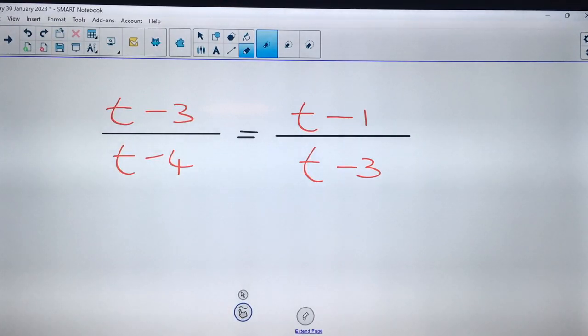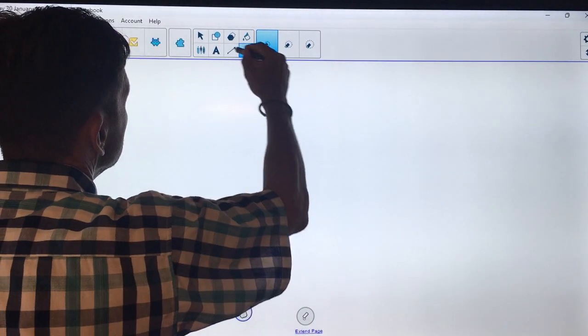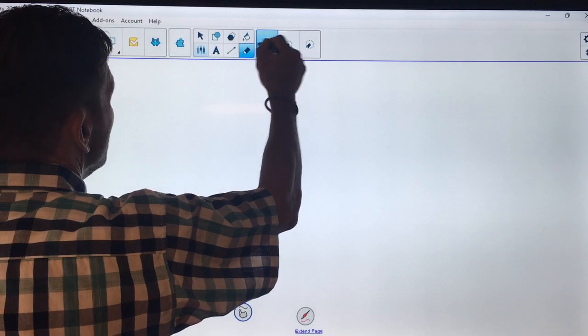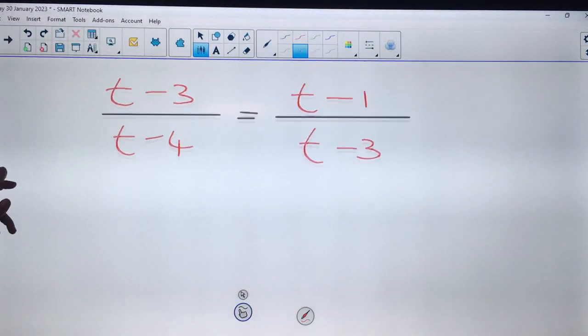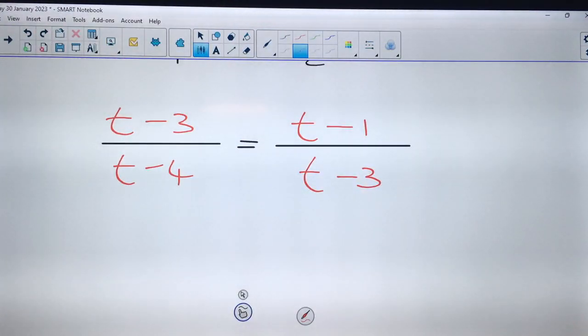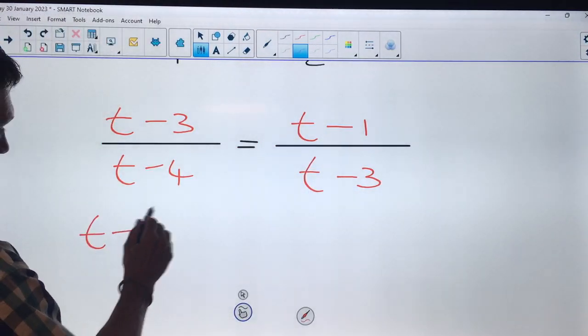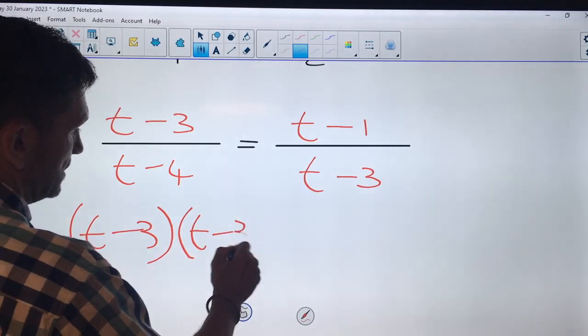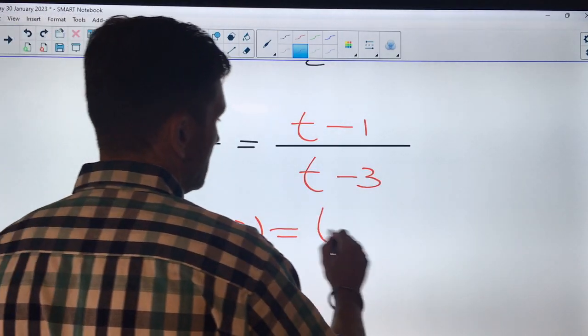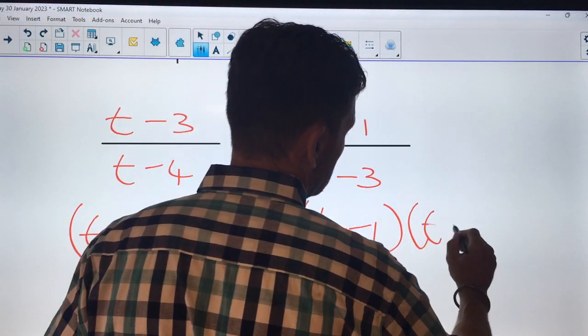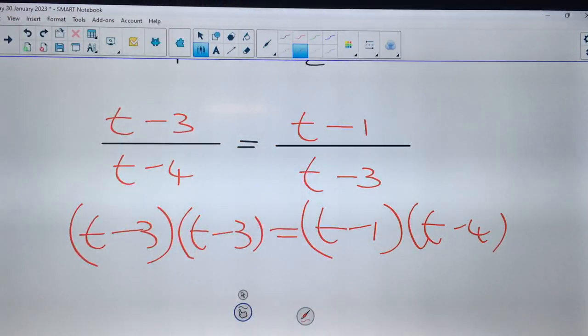Multiply it out. Cross multiplication, for lack of a better word here. And cross multiplication means that we're really finding a common denominator and get rid of it. So this is multiplied there and that is multiplied there. T minus 3 times t minus 3 is t minus 1 times t minus 4.